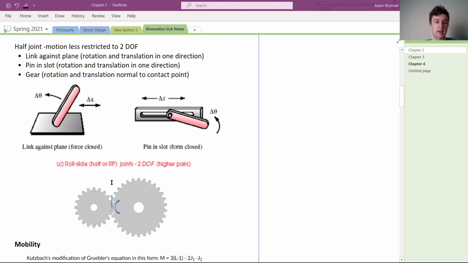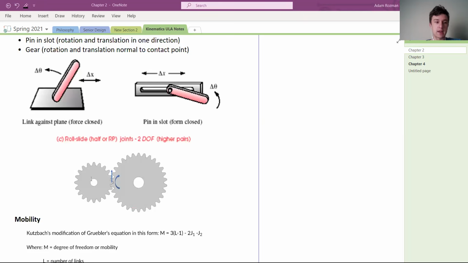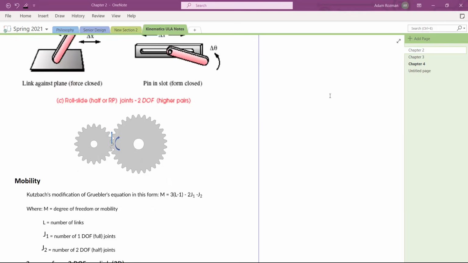If you fix one of the gears, the other one can rotate and translate, but the direction of the motion is always changing as the gear goes around, though it's always going to be tangential. So that still just counts as mobility in one direction, if there was any confusion with that.